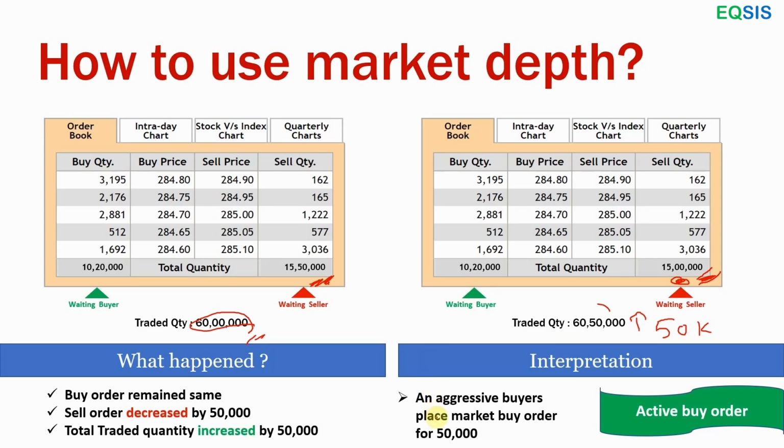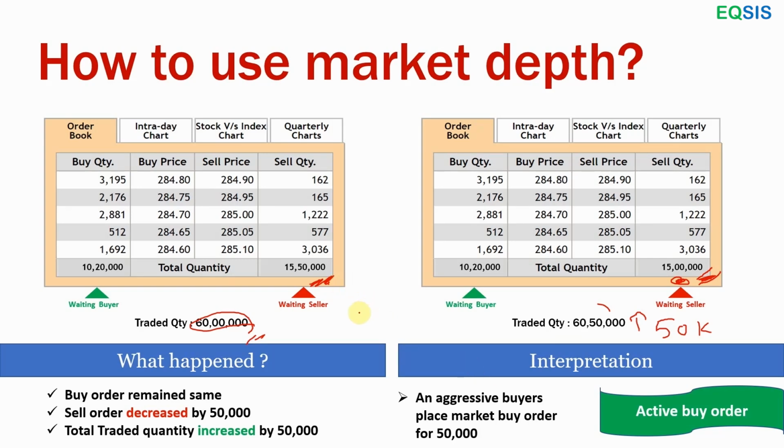What exactly does it tell me? Some buyer got into the market and he is not conservative about placing orders. Rather, he placed an order that said okay to any seller price, and he took 50,000 shares immediately. It means out of the 15,50,000 standing sellers, 50,000 shares were already sold to that particular buyer.